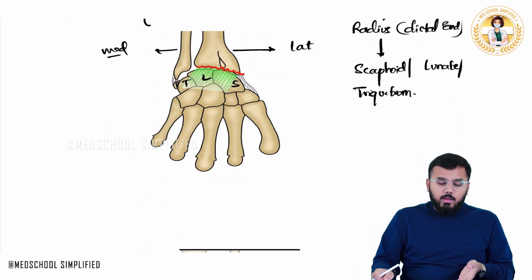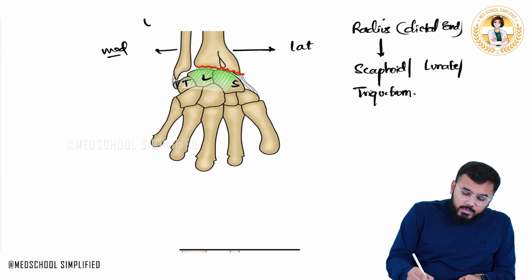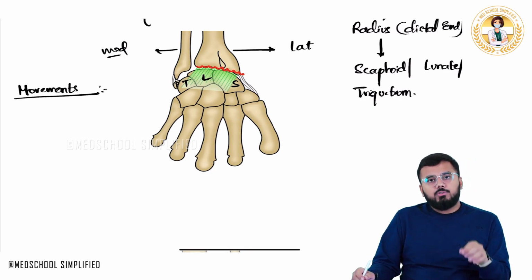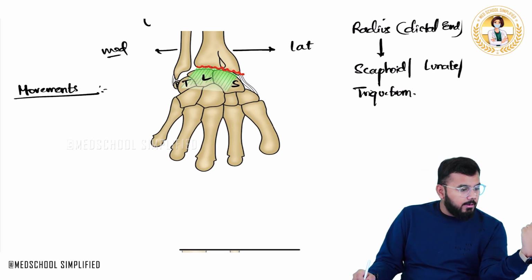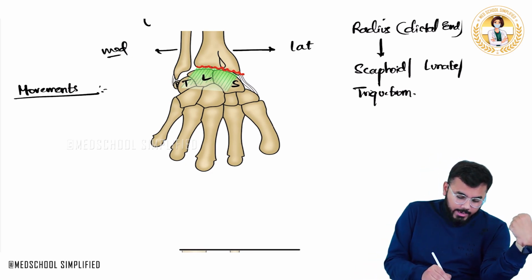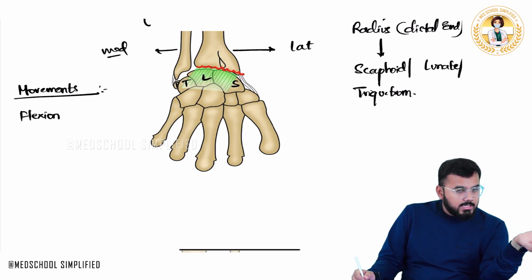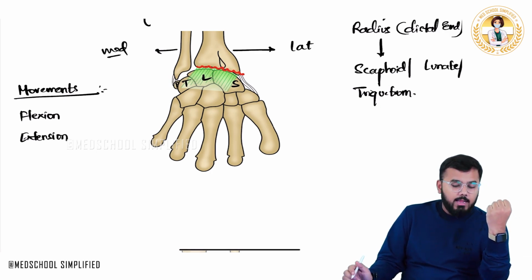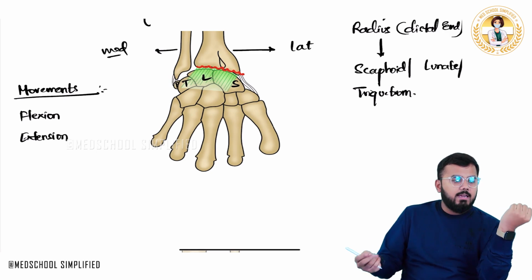Okay. Now another important thing is that if you look at the movements of your wrist joint, what are the types of movements I can do? Look here, I can do like this. It means I can do flexion. Now what is this action? I can do extension of the wrist, right? And I am moving my wrist laterally like this, right?